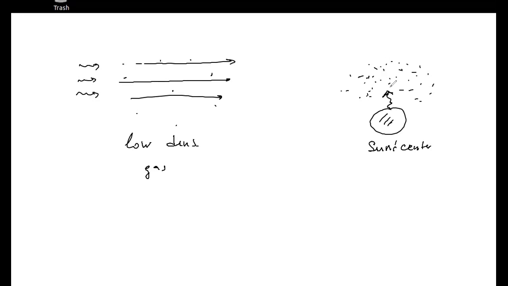You may expect that light will just change direction once or twice, because the probability of scattering is not very large. But in reality, because the density is so high, the light is completely confined in these layers. Eventually, of course, it will go out from the sun, and this is what we detect at some point.